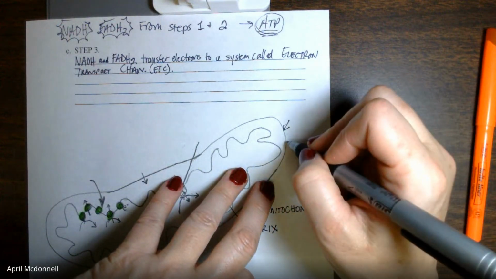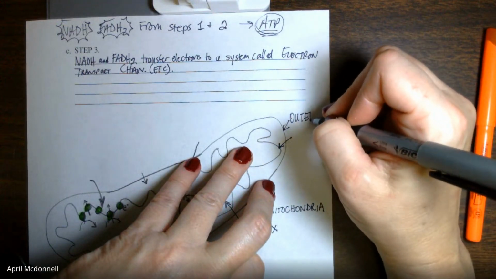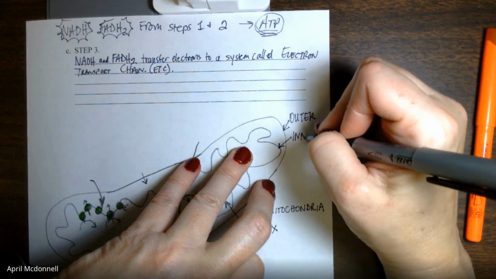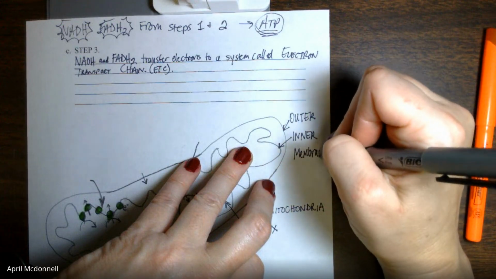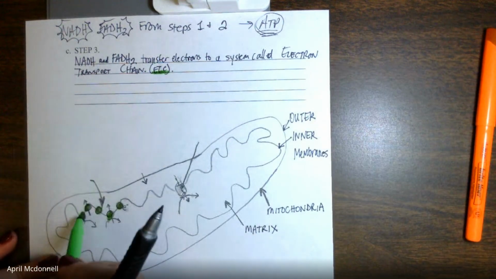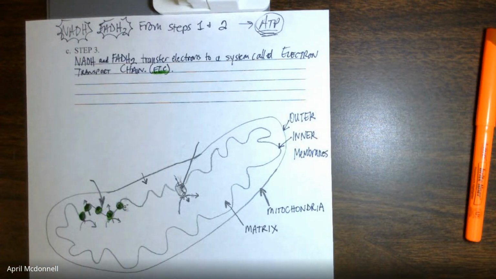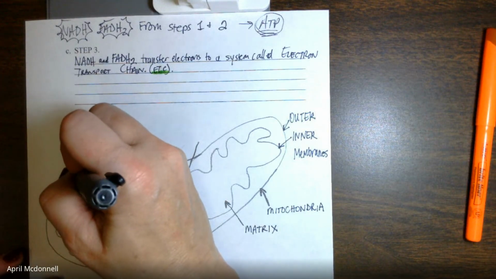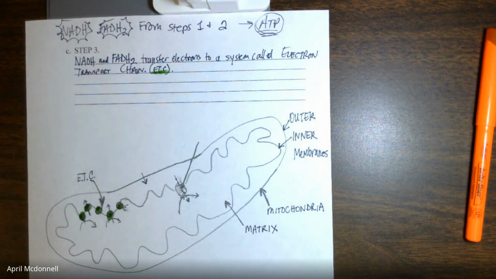The mitochondria is made of 2 membranes, the outer membrane and the inner membrane. The electron transport chain is a system of proteins embedded in the inner membrane of the mitochondria. So let's label this the ETC, the electron transport chain.